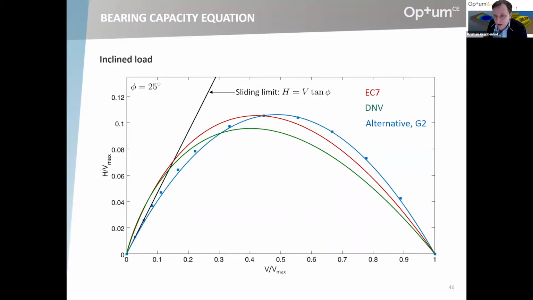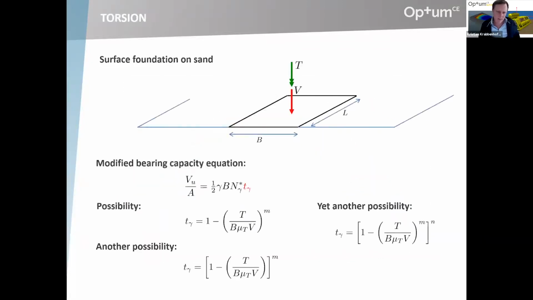That's in another part of the code. But I think it would be preferable if that sliding limit was embedded in the inclination factor, and the same for the torsion factors. If that's the way you want to go, I should say, I'm not so sure this is really the way you want to go.